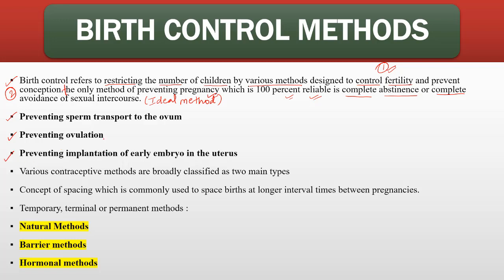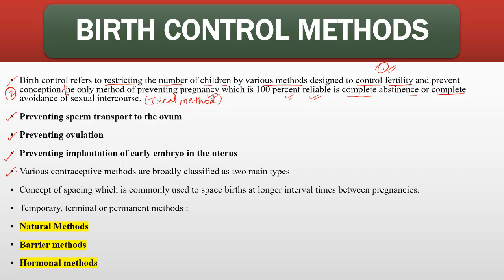Maybe the zygote is formed and is going to implant, but before 8 days that zygote needs to be stopped. So preventing implantation of the early embryo in the uterus. So these three methods are: preventing sperm transport to the ovum, prevention of ovulation, and preventing implantation of the early embryo in the uterus.